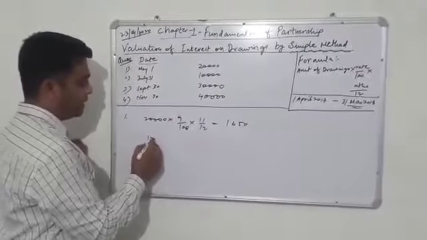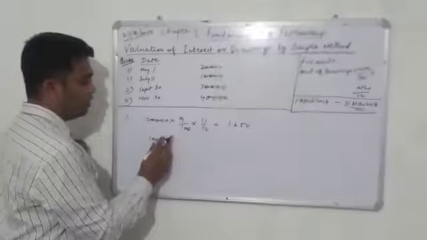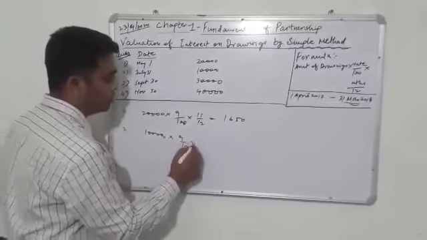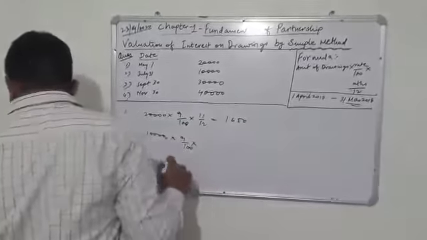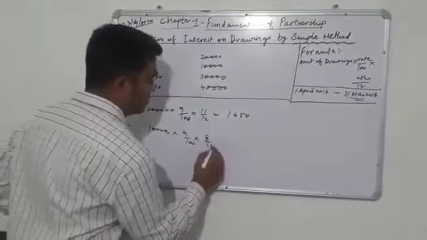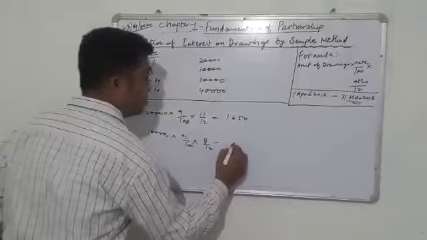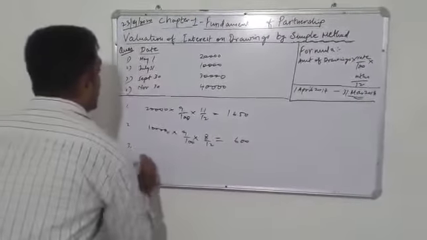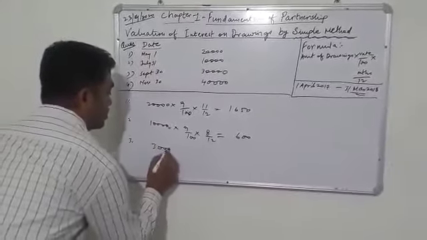Then again we take the second one, 10,000. Here you see children that we have to use the formula several times. Again this will be for 8 months and the value comes to 600. Then the third one, again 30,000.